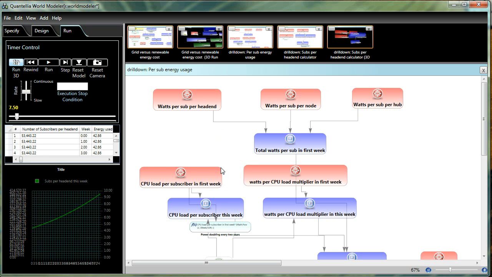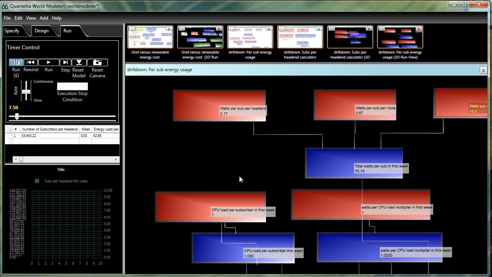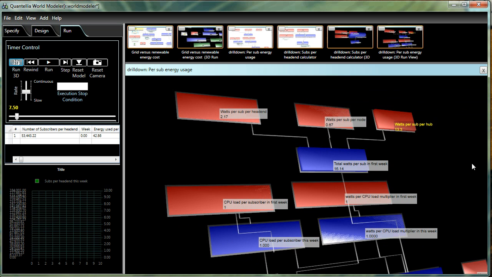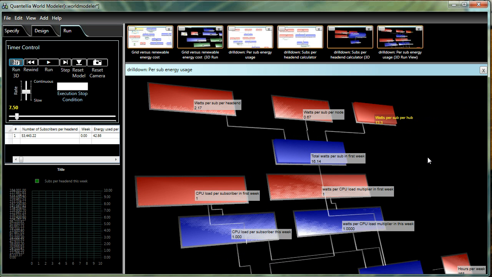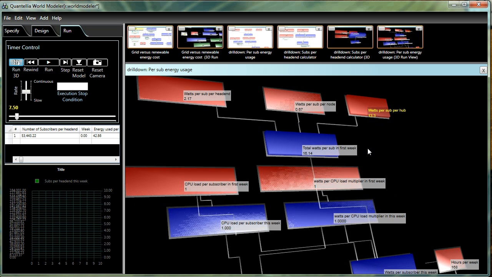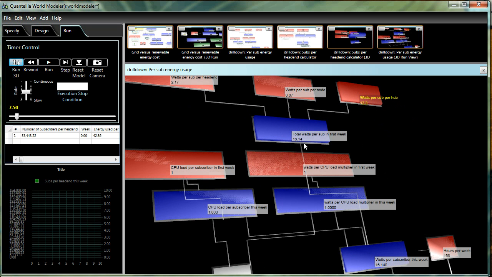And let's go straight into the exact numbers here. Our estimate is, again, on average in the U.S., and you'll want to put in your own individual numbers here, but our numbers are a good starting point that show about 2 watts per subscriber for head-end equipment, about 2/3 of a watt at a node, and then 13 watts at a hub, for a total of 16 watts per subscriber at the first week of our simulation.